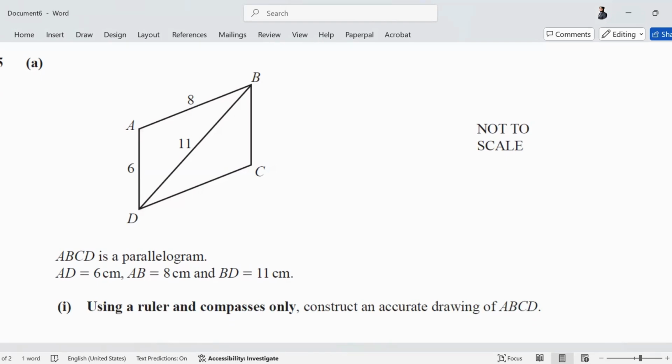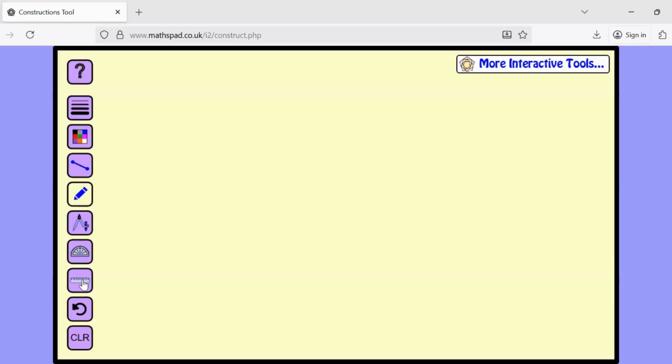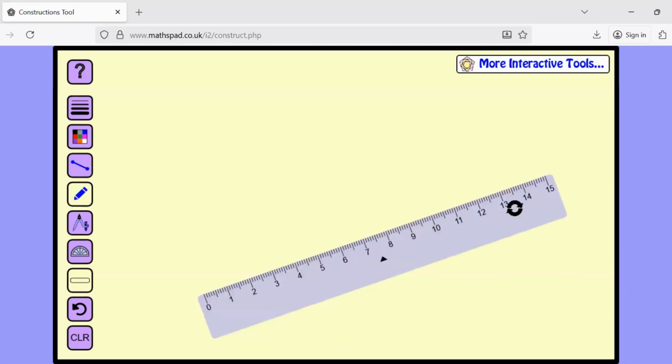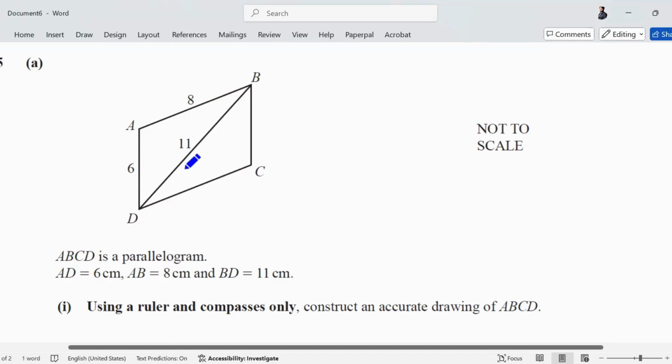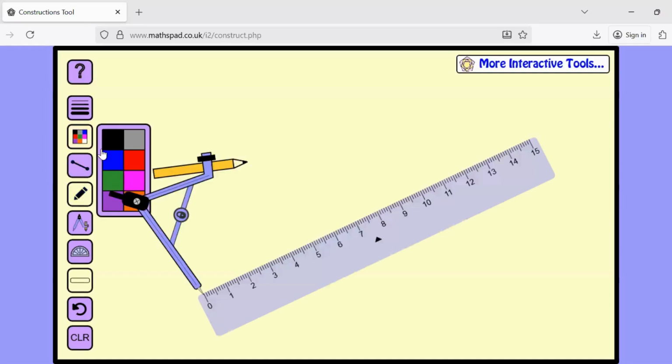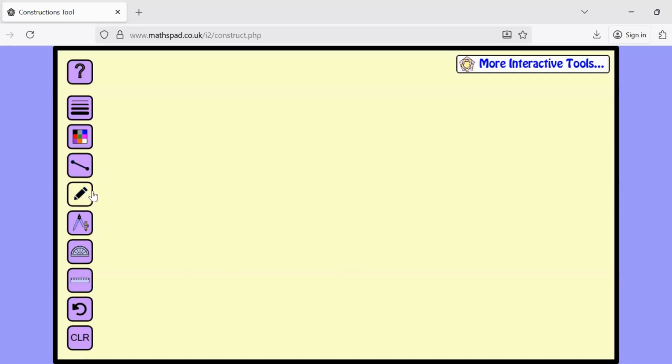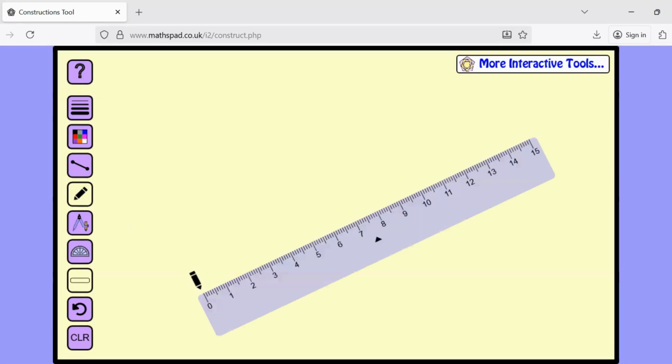BD is the smarter choice, so I'll be going with that because we do not have the past paper with us. We are just looking at the question and trying to understand construction. So if I wanted to draw the length of BD first, let me clear this. BD is 11 centimeters.